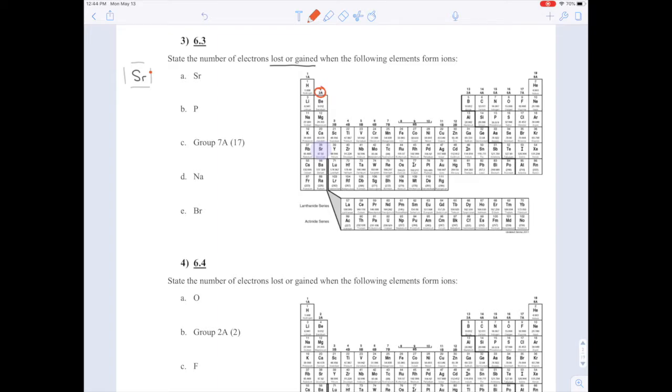I tend to start on the right, but starting on any side would be correct. So that's 1 valence electron, and then 2 valence electrons. And because strontium is in group 2A, that's all of the valence electrons on strontium. And this, without those lines there that I just put in for guidance, would be the Lewis dot structure for strontium.